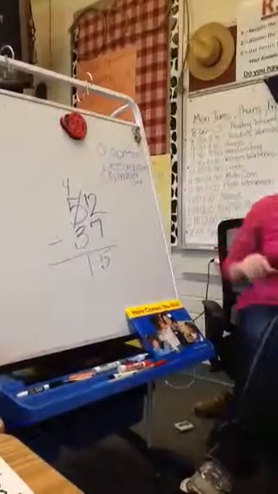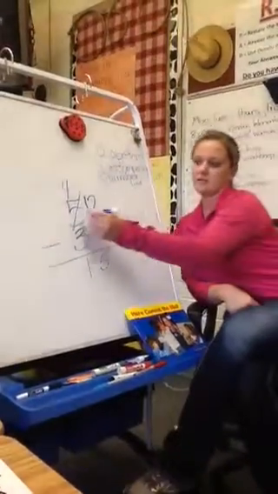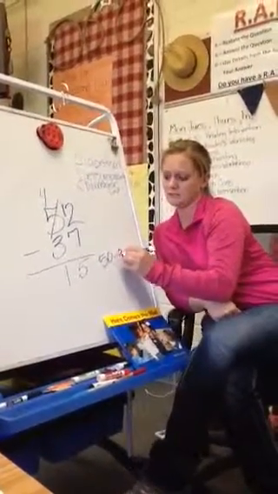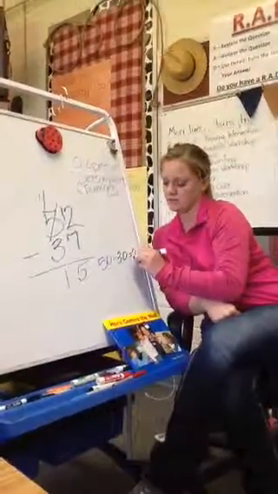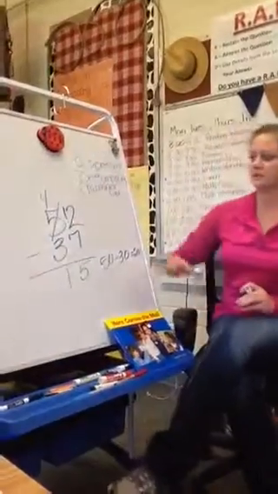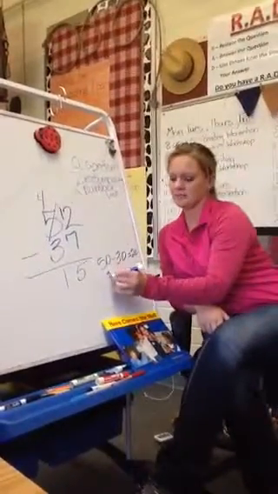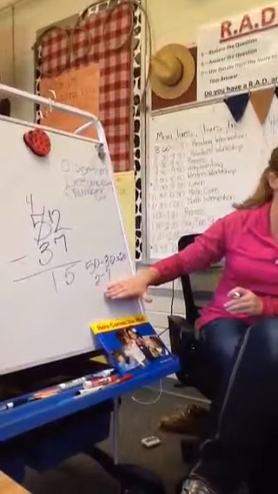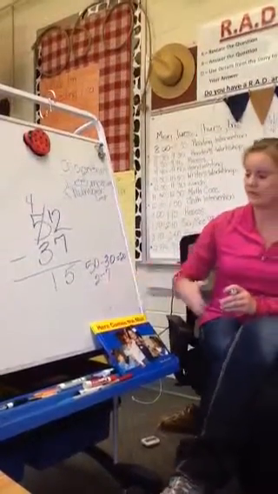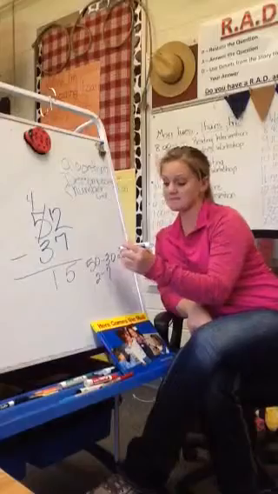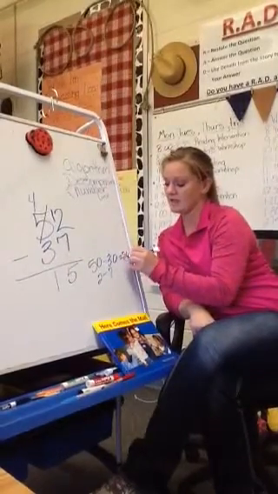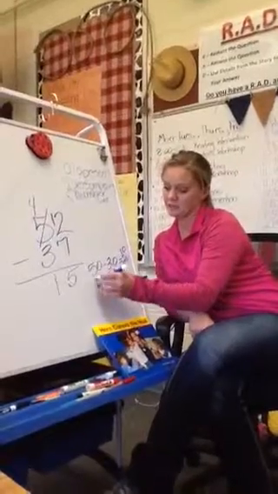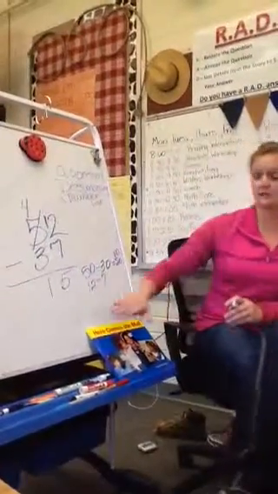Because let me show you something, boys and girls. You can do the 10s. 50 minus 30 equals 20. But boys and girls, can I take 2 minus 7? No. I can't. I don't have enough there, right? What I can do is take a group of 10 away, and add that to my singles here.